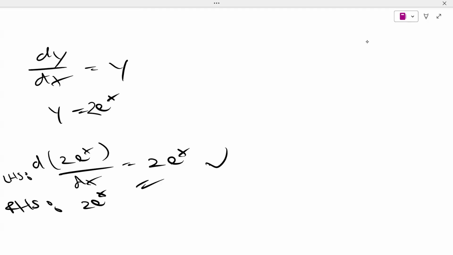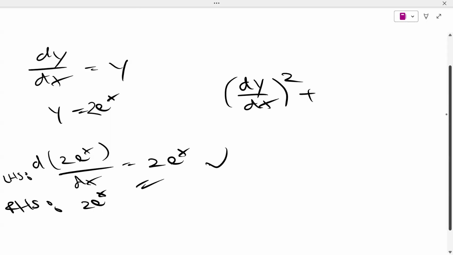It's very useful to know, especially when we encounter more complex differential equations like (dy/dx) squared plus y squared equals x squared plus 1. And we may notice if you plug in y equals x, the left-hand side is 1 plus x squared, and the right-hand side is x squared plus 1.